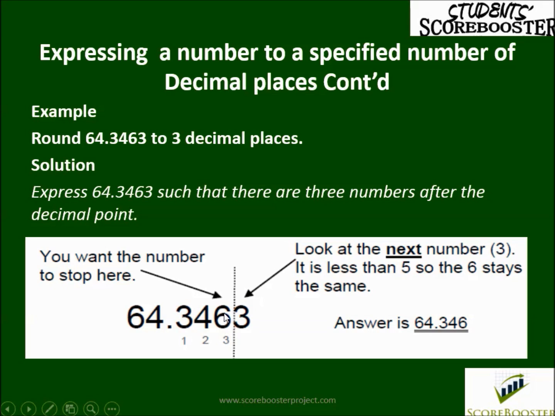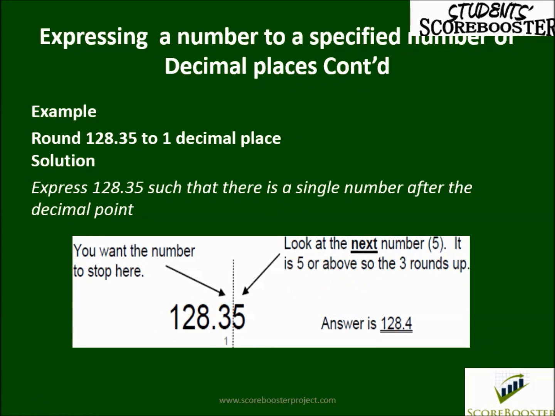You want the number to stop here, so the next thing you do is to consider the next digit after the third decimal place. That is 3, and from the illustration, 3 is in the range 0, 1, 2, 3, 4, so it's less than 5. So you ignore the 3 and leave the number as 64.346. So the answer is 64.346.